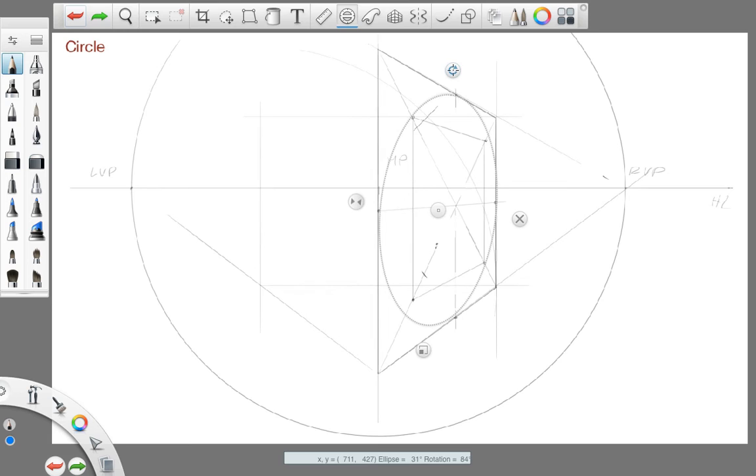So if I start moving this one, the dashed line ideally should run through there. It's close. So let's bring this one down a little bit. Yeah, I see. Close there. Yeah, so this is good enough.